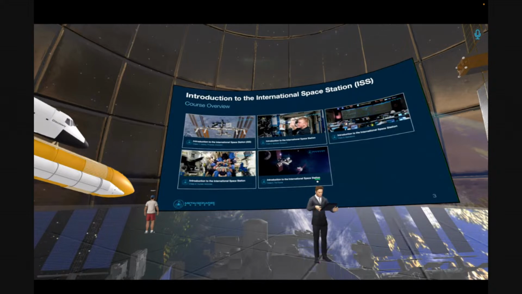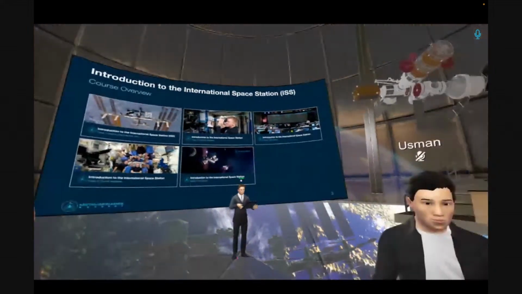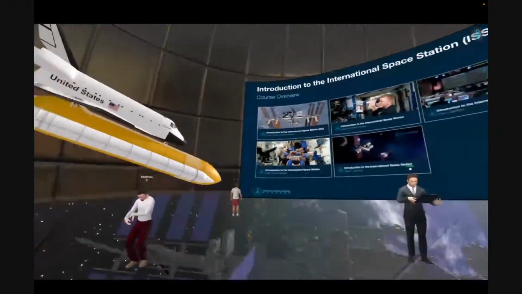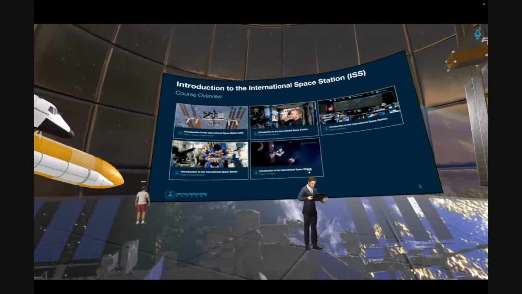In future weeks, this will be 5 days, and the second class will be on the scientific research that's done aboard the space station. The third class will be about the operations of the International Space Station. The fourth class will be on human activities, and the fifth class will be about the future of the space station.